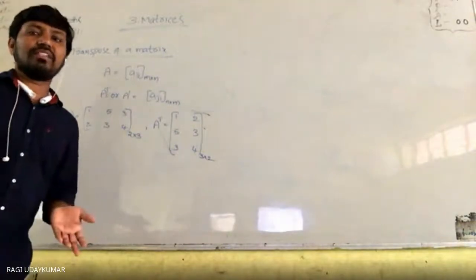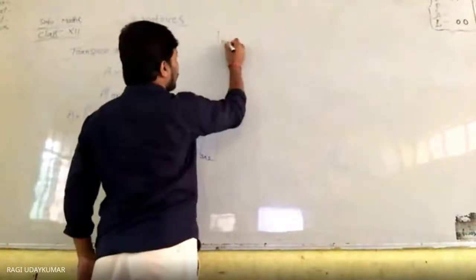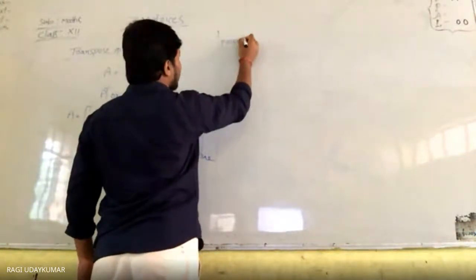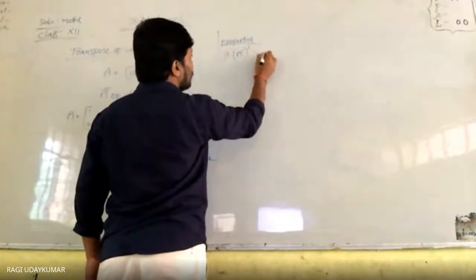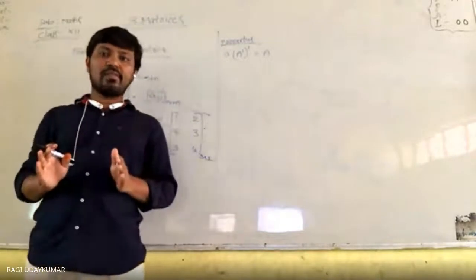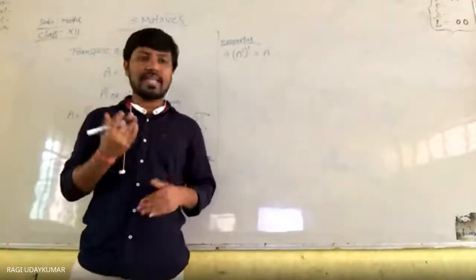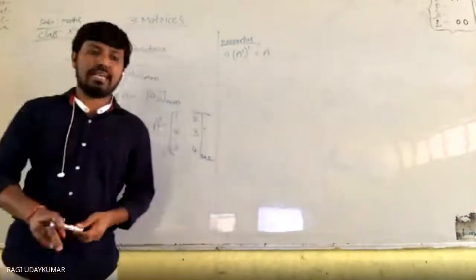Now the properties of the transpose of a matrix. The first property: A transpose whole transpose is equal to A. That means if you take the transpose of a matrix and transpose it again, you get the same matrix.